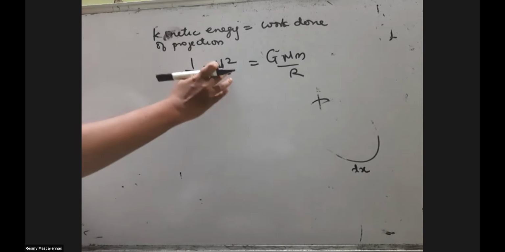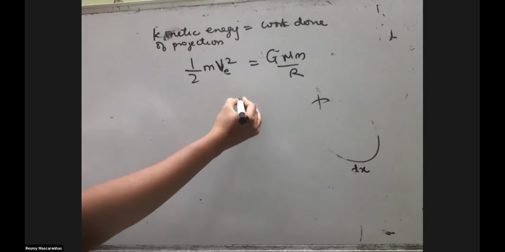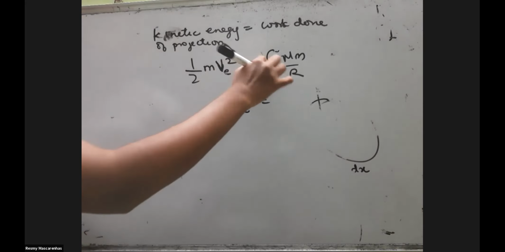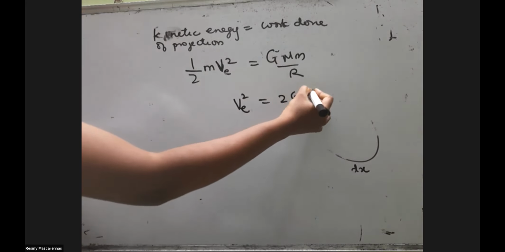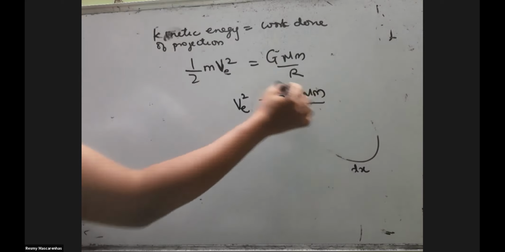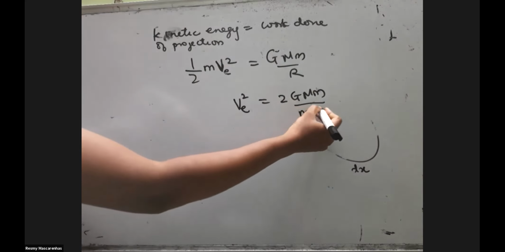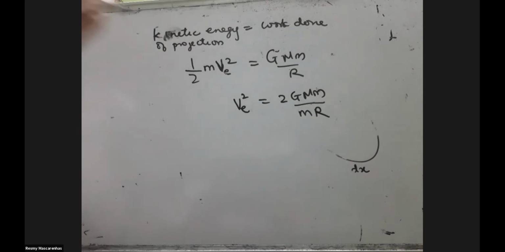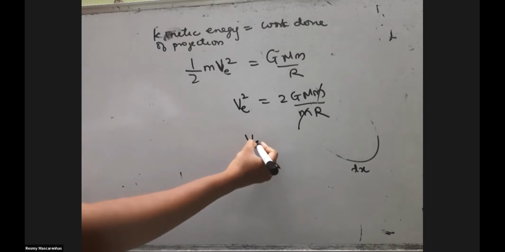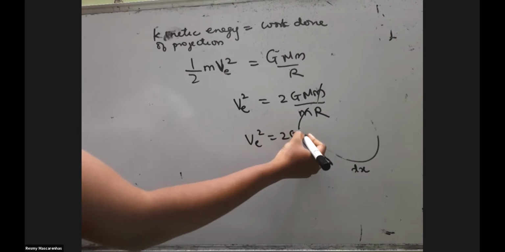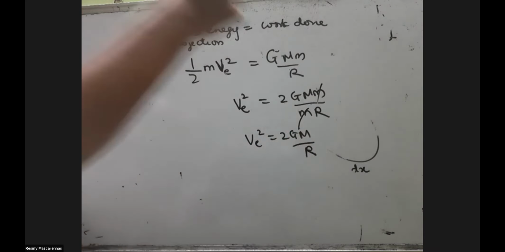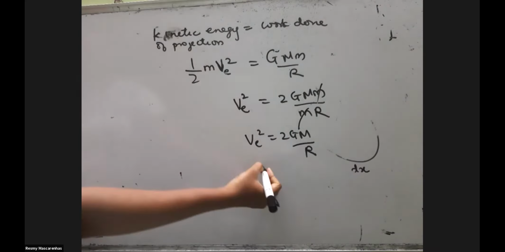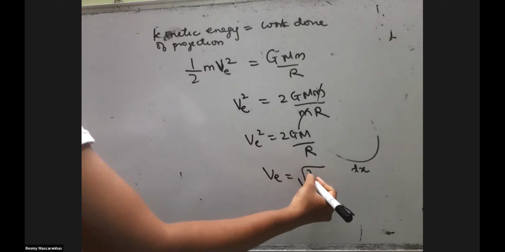If you want to calculate this, take the rest of the things on the other side. 2 will go up and m will come down. R is already there, and m and m will cancel. V square is 2GM upon R, so V will be the root of that.